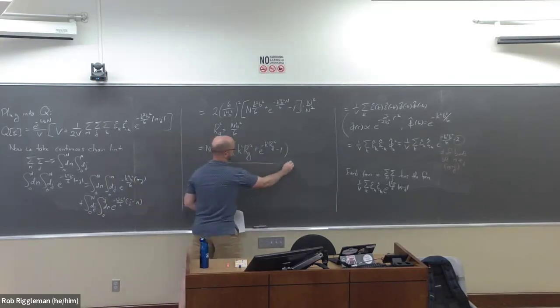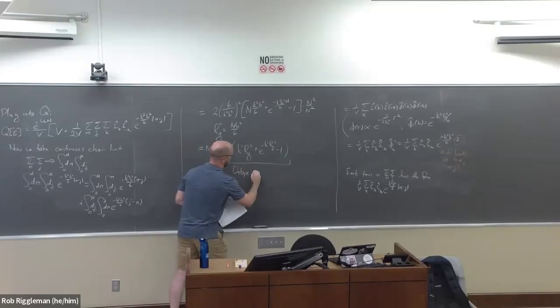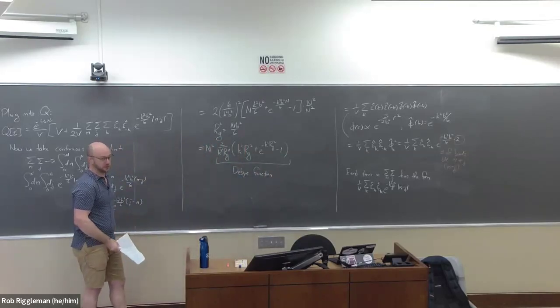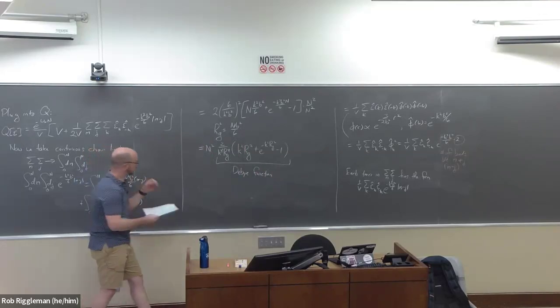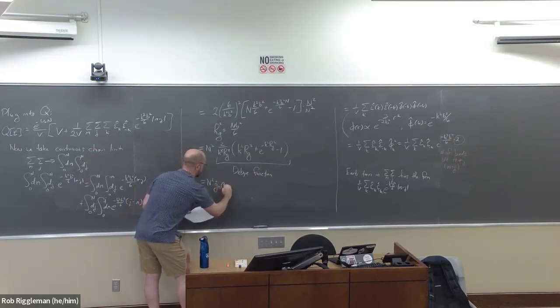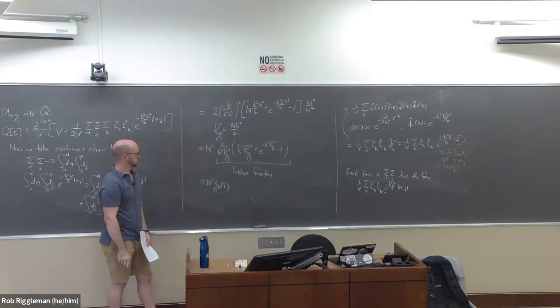And then this combination of things is the Debye function, the Debye scattering function, or the form factor of a Gaussian polymer chain. So this whole thing just boils down to n squared g hat of k.